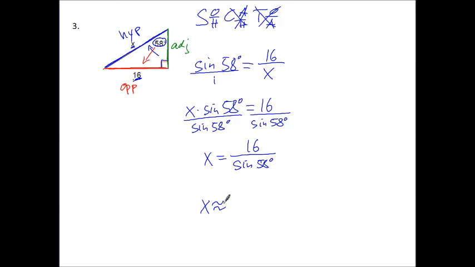So x is approximately 18.9. That's the side length of our hypotenuse. And just a quick check, 18.9 is more than the opposite side of 16, which is longer than the adjacent. Makes perfect sense. The hypotenuse is the longest side.